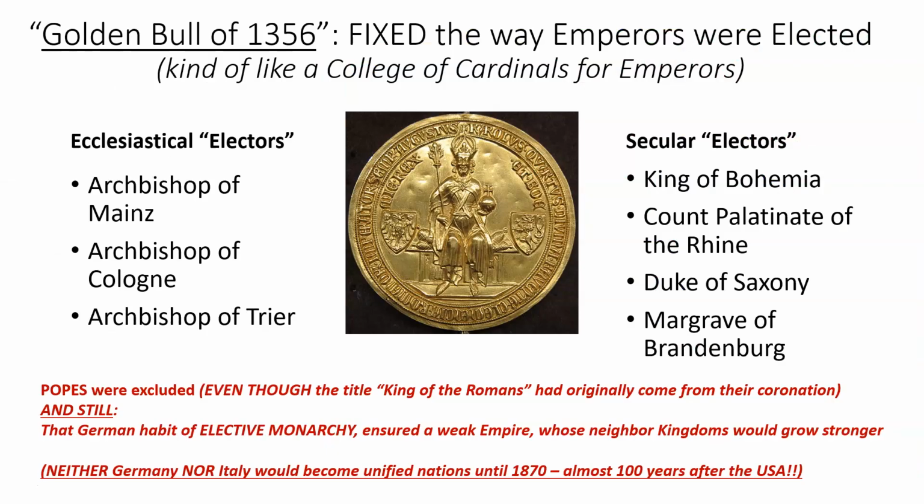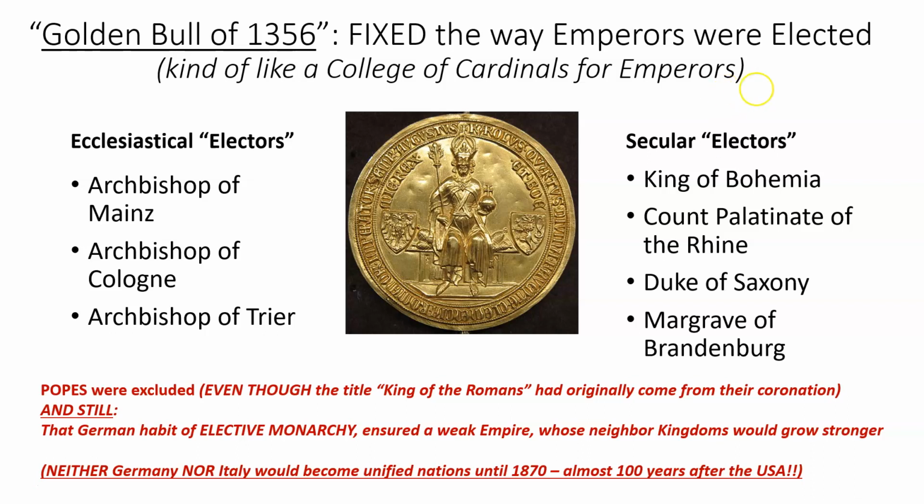Now, eventually we get to the Golden Bull of 1356, and this manages to regularize, to fix the way that emperors are elected, so you can avoid things that had sometimes happened where a group of nobles would gather together and elect one emperor, but another group had gathered in a different place and elected a contesting candidate as emperor.